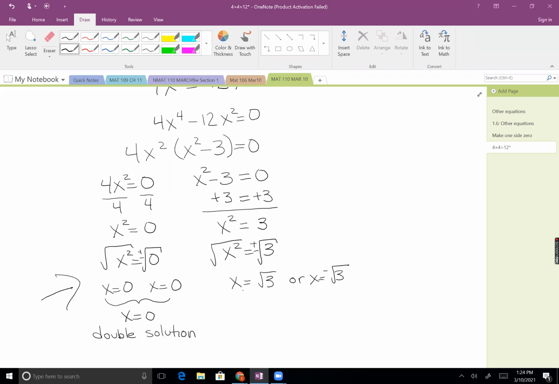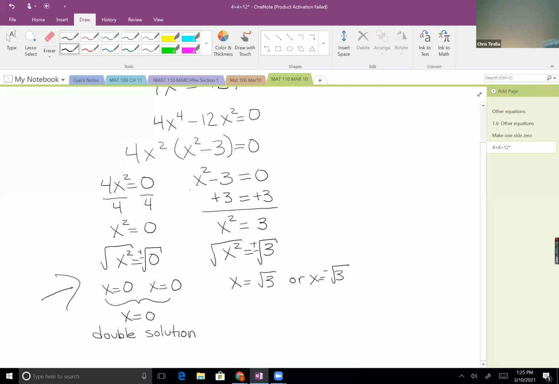Does that make more sense why we put that positive and negative? Because again, every number usually has two roots, a positive one and a negative one. 0 really is the only exception to that rule. So if we have an equation with an exponent higher than 2, we make one side 0, we factor as much as we can.